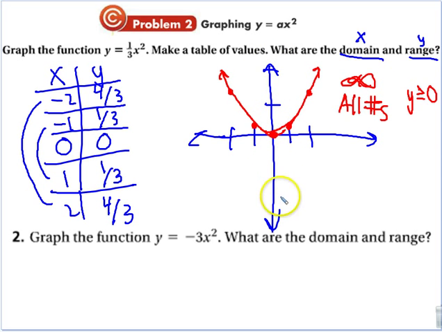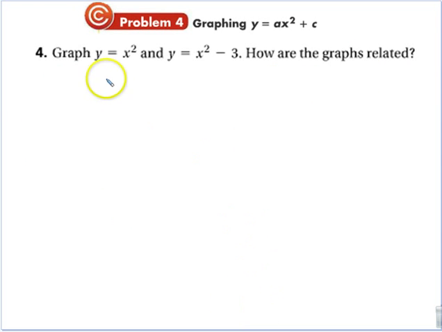I can't ever have a -y because the squared will always make it positive. So the domain and the range is just the visual. I can plug anything I want in for x, but y will always be bigger than or equal to 0. That's going to happen a lot with these. Notice this one's going to flip because it's got a negative sign in front.